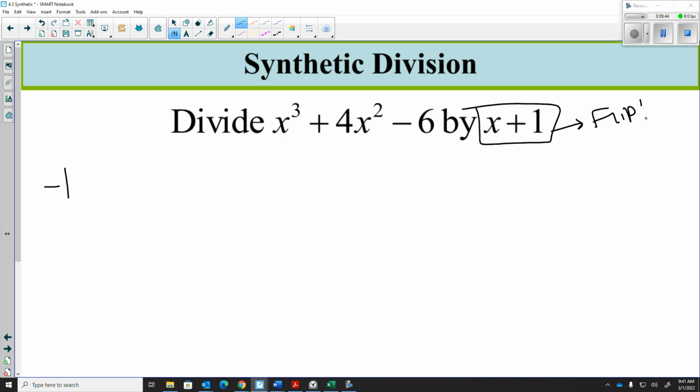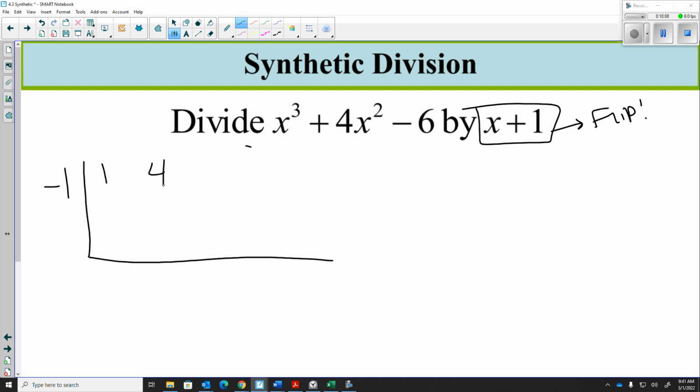I put in my weird upside down division sign to keep me organized. And then I take the coefficients. So what's the coefficient of this one? 1. What's the coefficient of the next one? 4. Okay, then what? Whoa, wait. I see -6.